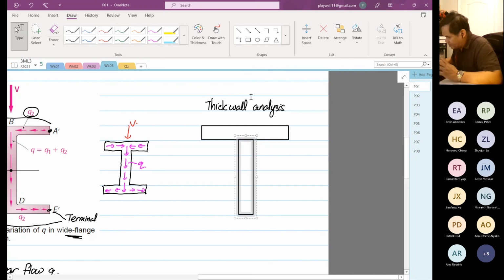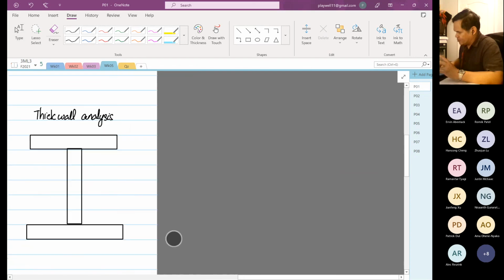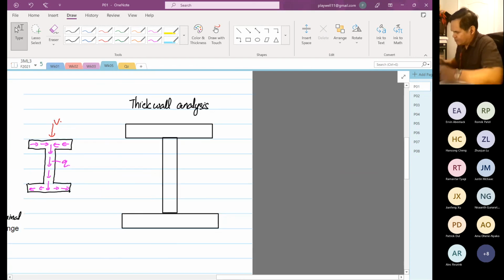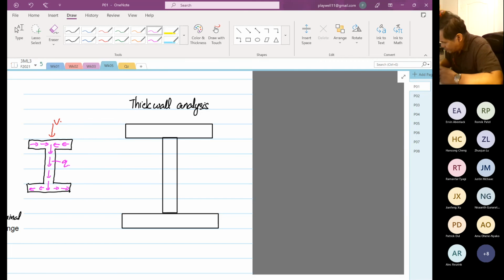Or let's take the I beam. And I'll show you some differences and similarities. Let's look at the difference first. So now we construct our shear flow. Thick wall, there's also shear flow. Only I have not asked you to construct them yet. So this is how the shear flow will flow for thick wall.